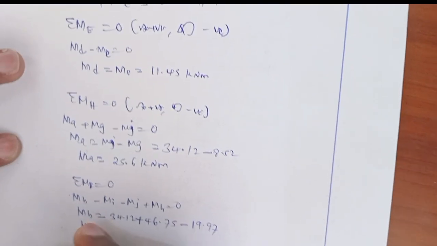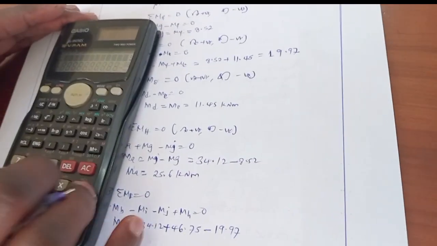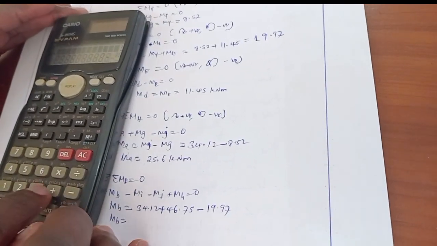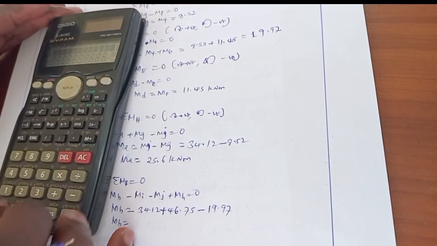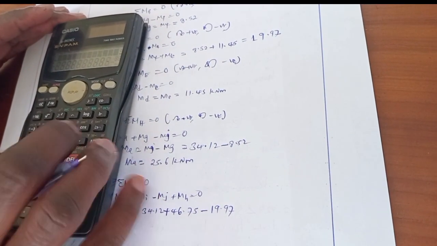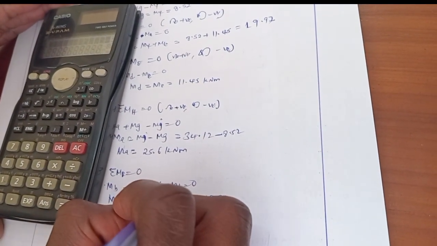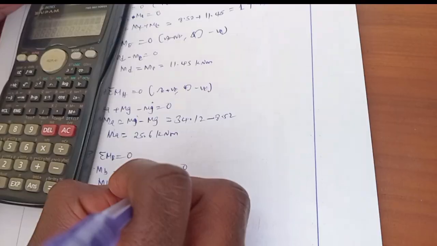So MB will be 34.12 plus 46.75 minus 19.97. MB will be 60.9.